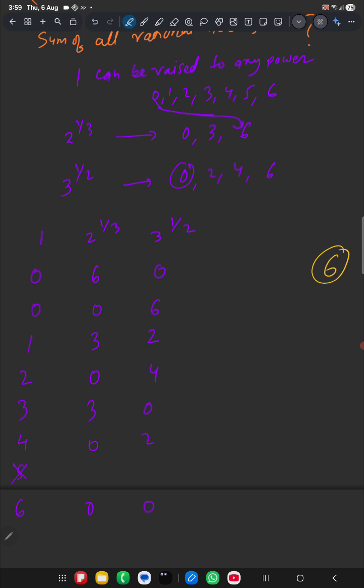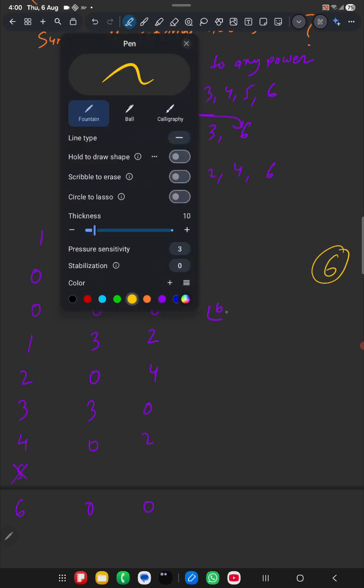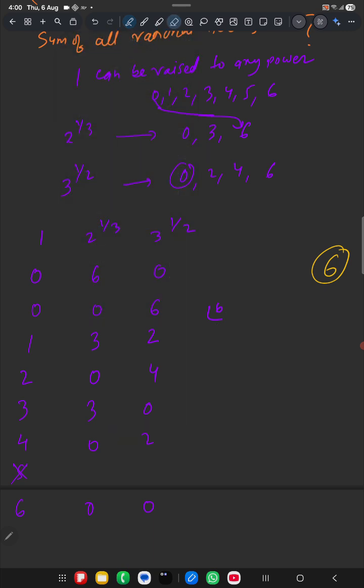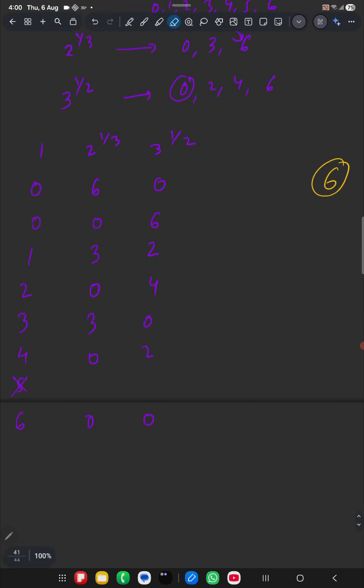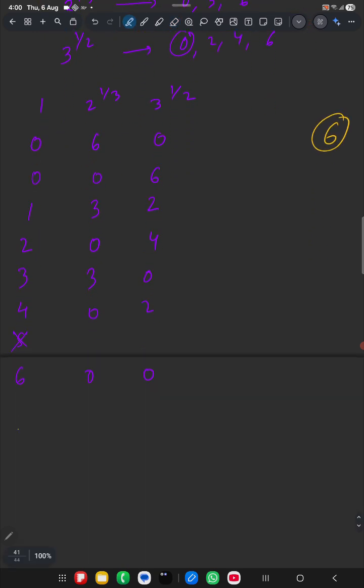Okay, so when you do this, what will you get? Your first coefficient is factorial 6 upon factorial 0 into factorial 6 into factorial 0 into 1 raised to the power 0 into 2 to the power 1 by 3 raised to the power 6 and 3 to the power 1 by 2 raised to the power 0.